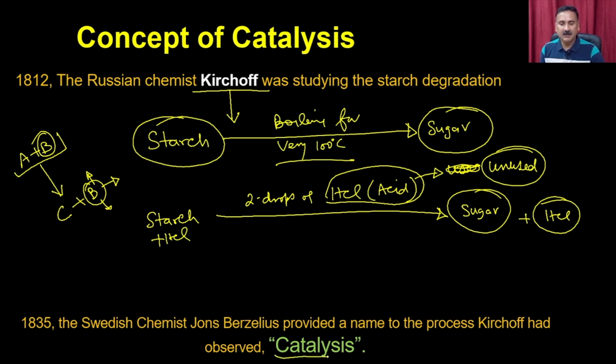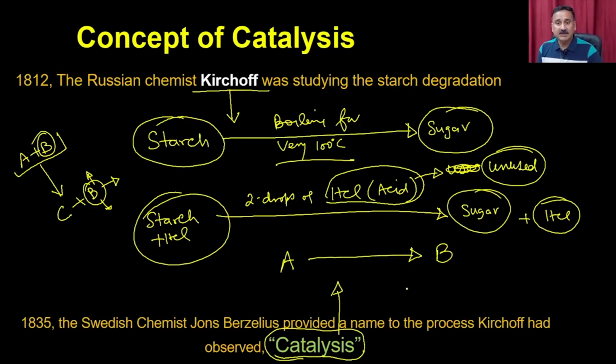Catalysis is a process in which a substance is converted into another substance, which means A is converted into B, but the catalyst does not participate in the reaction. For example, in this case the starch is getting converted into sugar, but HCl is not participating in this event.